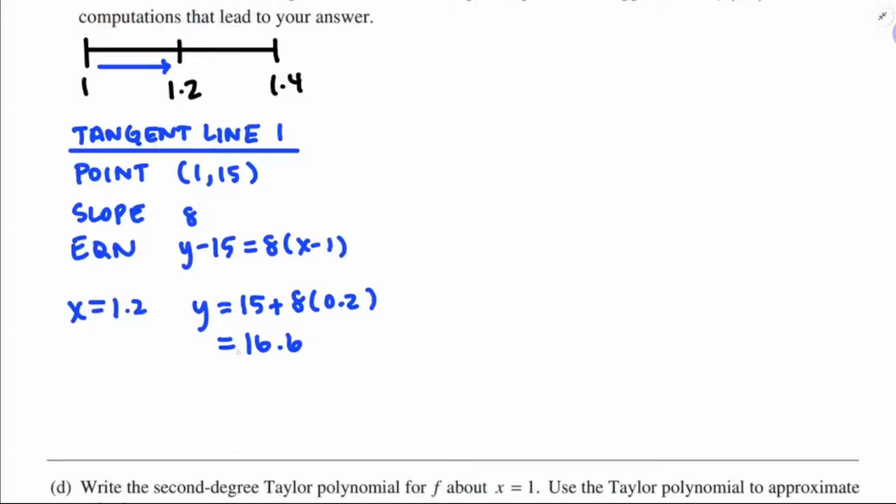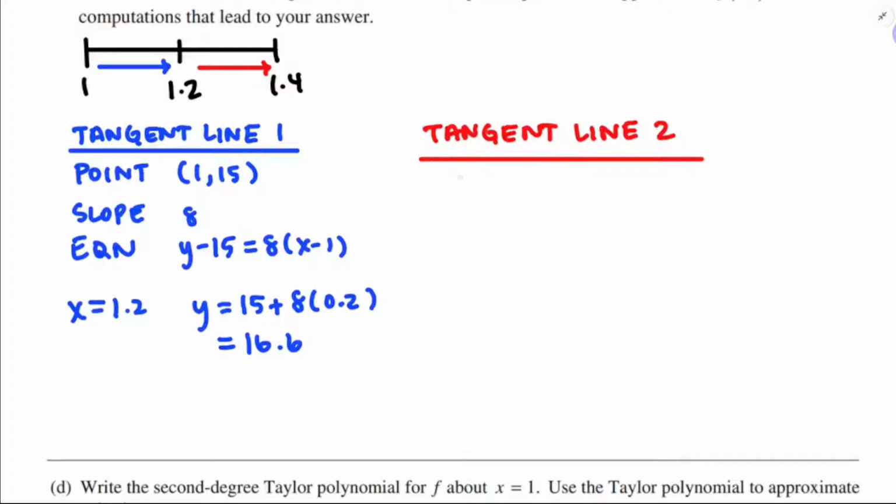Right, and then my second step for Euler's method is just going to be another tangent line. Tangent line number 2, I've got a point: x equals 1.2, y equals 16.6.